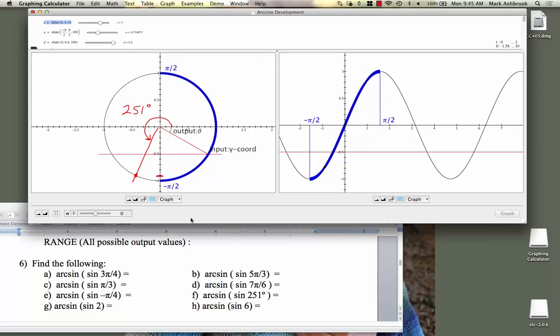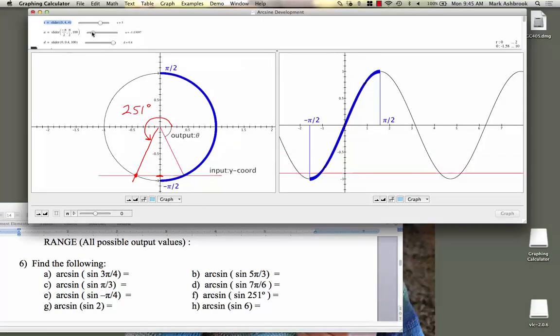So now we're going to take the arc sine of whatever that is. What angle will it give us? Can you see a visual representation of the angle we'll get when we take the arc sine of this y coordinate corresponding to 251 degrees down here?